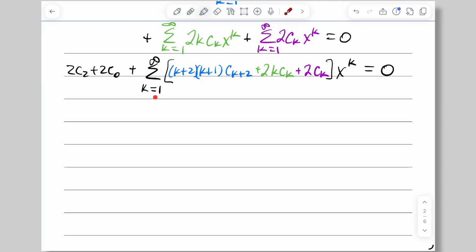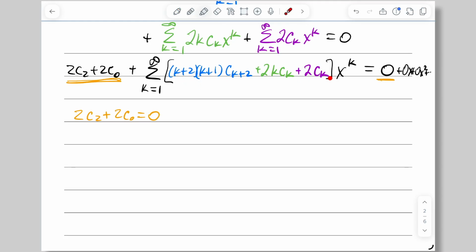When k is 2, that's an x squared term, and when k is 3, that's x cubed. You see how it goes. On the right-hand side, we have 0, and we might as well write that as 0 plus 0x plus 0x squared plus so on, right? All the terms are 0. So the constants on the left-hand side add up to 0 because the constant on the right-hand side is 0. That gives us the equation 2c2 plus 2c0 is equal to 0.